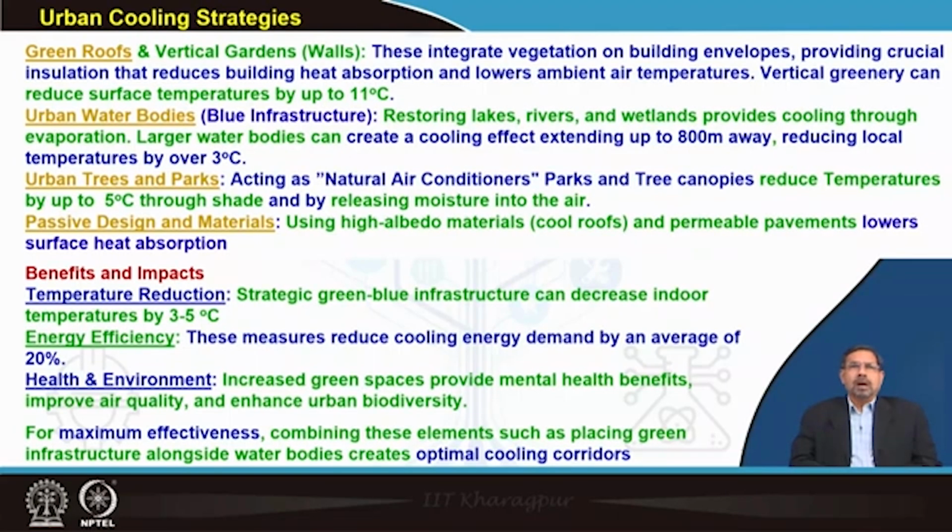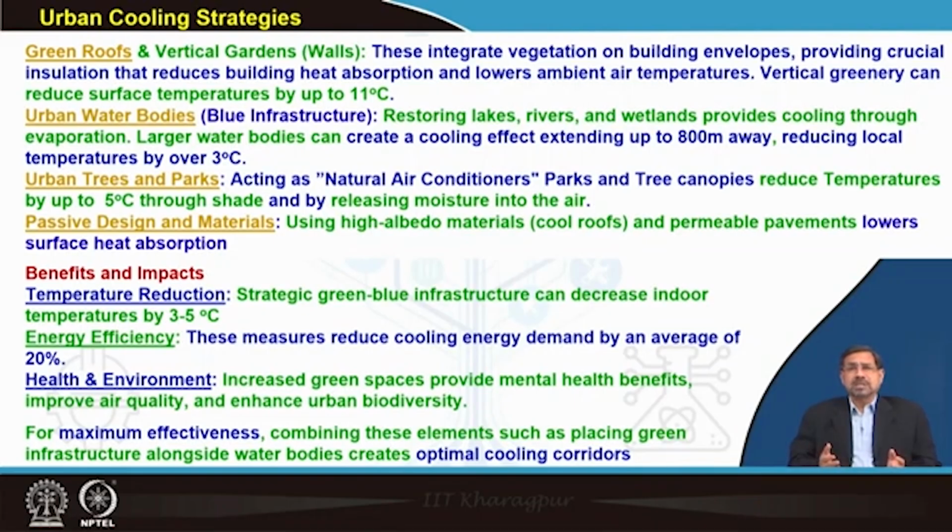And coming to urban water bodies in terms of blue infrastructure, restoring lakes, rivers and wetlands provides cooling through evaporation. Large water bodies can create a cooling effect extending up to 800 meters away, reducing local temperature by over 3 degrees centigrade. Look at this in terms of blue infrastructure.